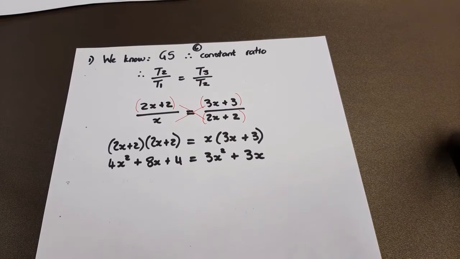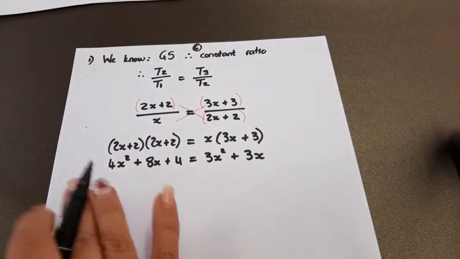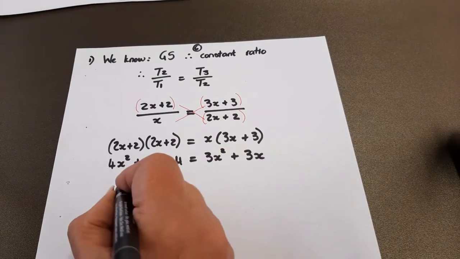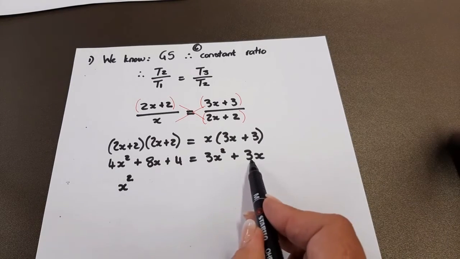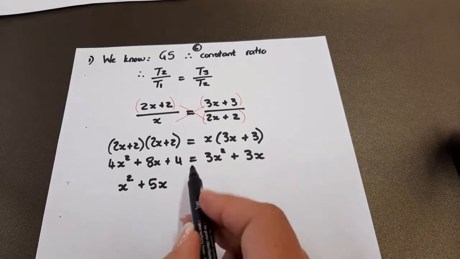I immediately can see that this is a quadratic equation, so get all the terms to one side equals 0. So let's take these over the equal sign. 4x squared minus 3x squared gives me x squared. 8x minus 3x gives me plus 5x.